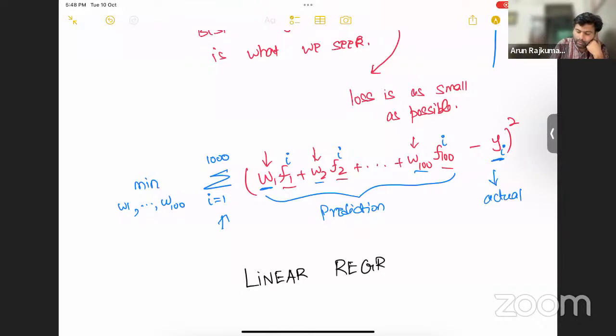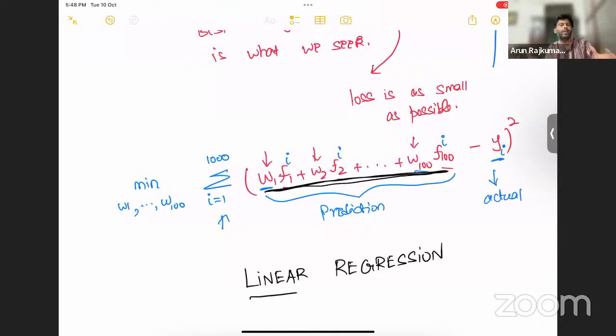It is a regression problem, but it's a linear regression problem because we are combining these in a linear fashion, right? You might combine the apples and oranges however you want. But in the apple orange example, the bill is a linear function of the number of apples and oranges that I have bought.